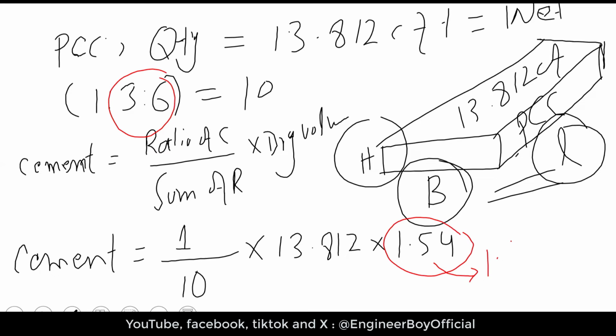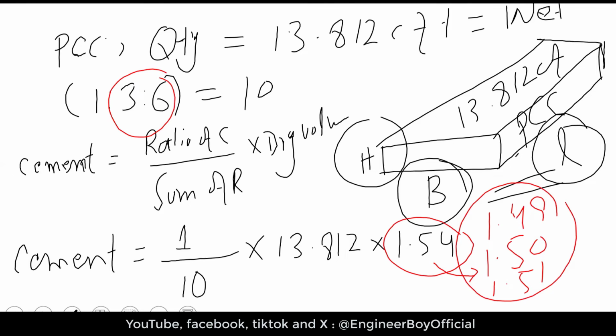It can be 1.50, it can be 1.51, it can even be 1.49. So it depends on the properties of the fine aggregate, the coarse aggregate, and even the cement. So why do we take 1.54? This is a good question, but before answering that, let's calculate this value first.